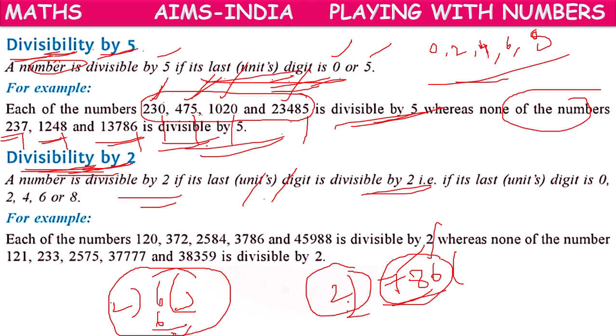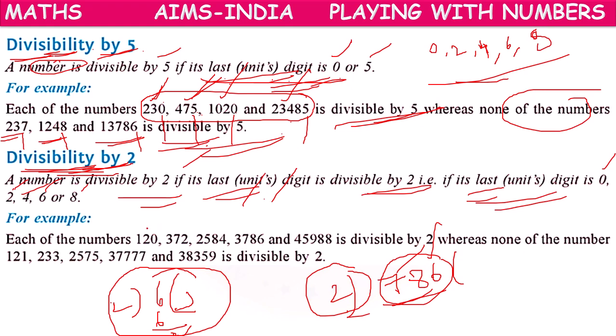If its unit digit is divisible by 2, or if the unit digit is any one of 0, 2, 4, 6, 8, then the number is divisible by 2.